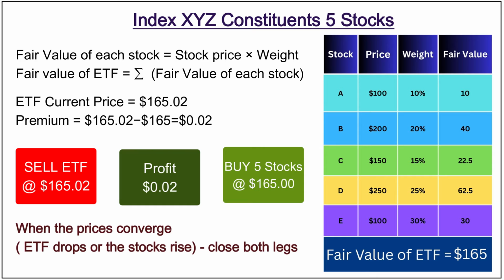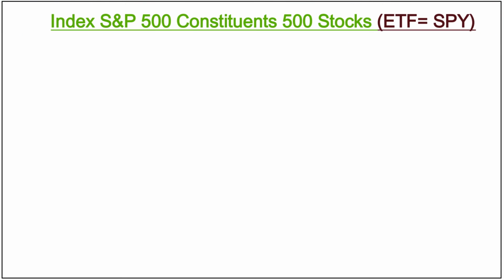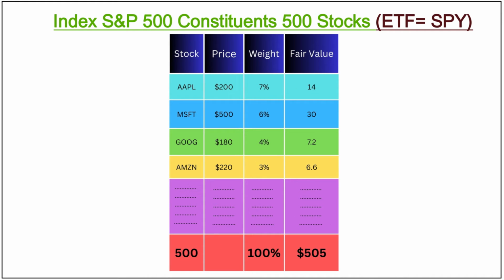Now let's understand the same math for the real trading world S&P 500 index. As you know, the S&P 500 index consists of the top 500 stocks in the US, and the ETF is called SPY. As you can see here, on the left hand side, the stocks Apple, Microsoft, Google, Amazon and many more, for a total of 500 stocks, and then there is a price for each stock.